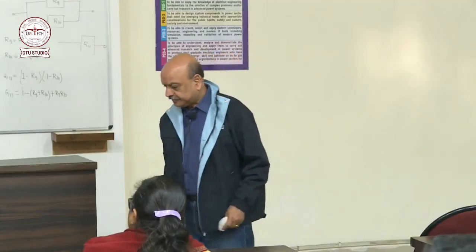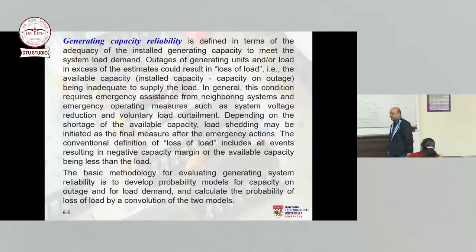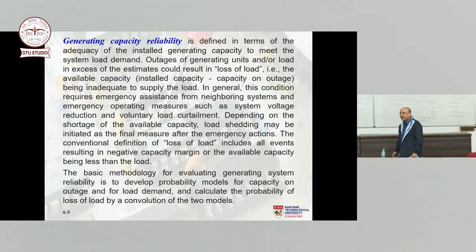Now, you may have heard of this willingness to pay and willingness to accept strategies. Have you? Willingness to pay and willingness to accept. So just now I was talking about reliability cost and reliability worth. I was mentioning the interruption costs.